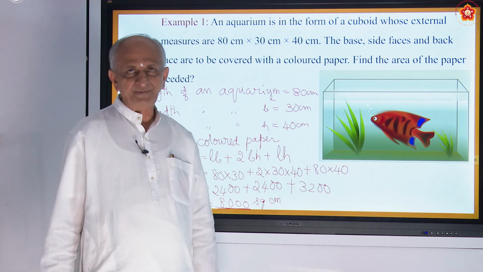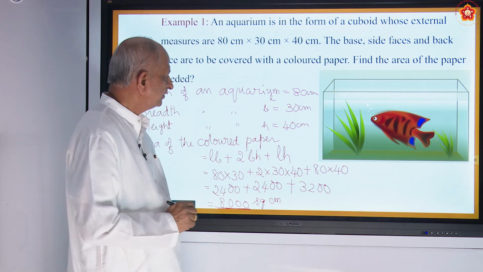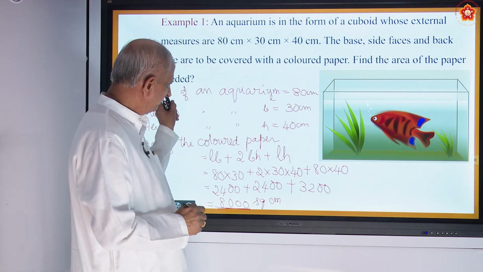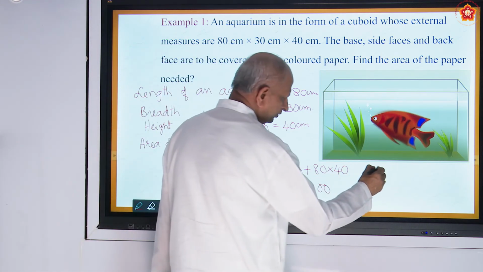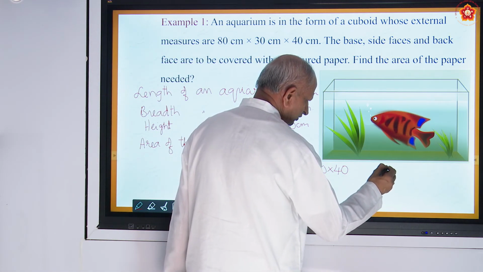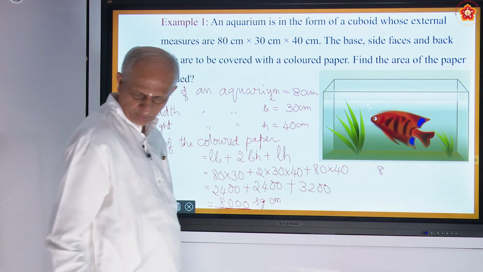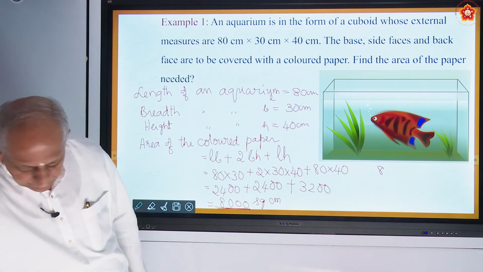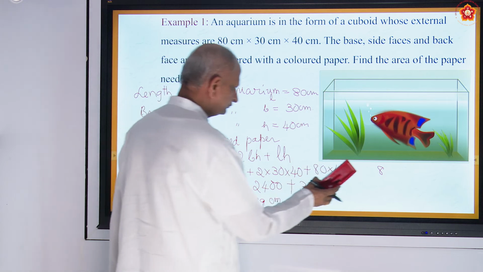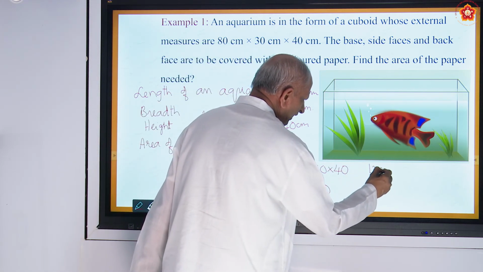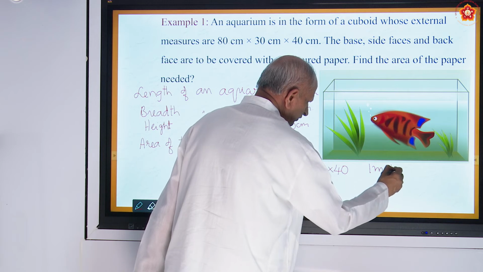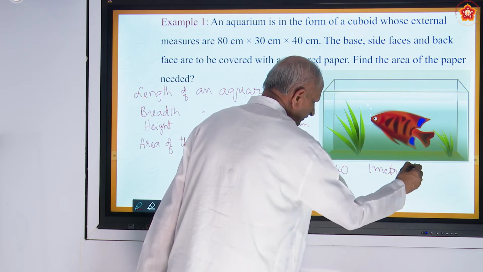Area is measured in terms of square units. And if you want in meters, this can also be written in terms of meters. You know, 1 meter is equal to 100 centimeters. So 1 meter is equal to 100 centimeters.